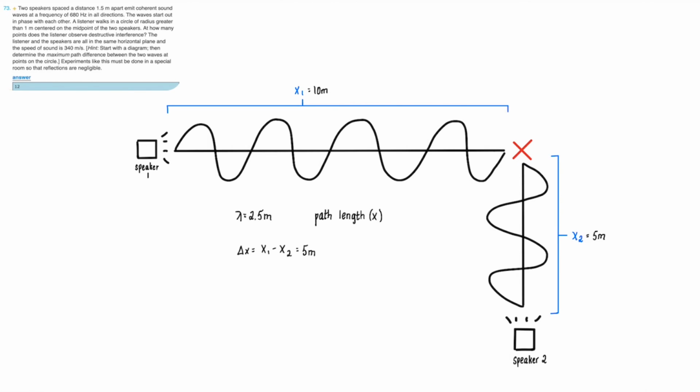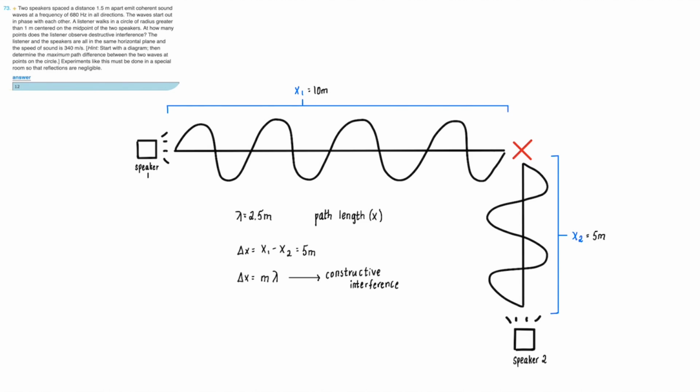Now path length difference is relevant to our problem at hand, because if the path length difference is equal to a multiple of the sound's wavelength, then we'll get constructive interference at the red X, or at the destination.